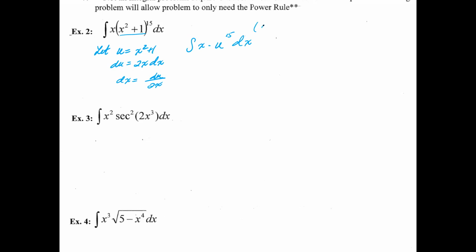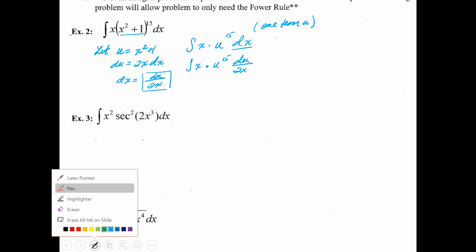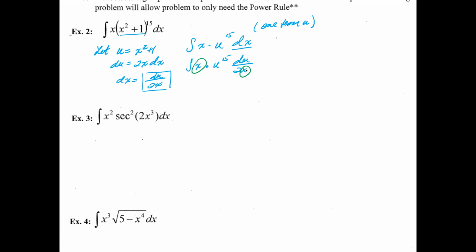Now I need to have one term, which is going to be u. So I'm going to replace the dx with du over 2x. Which is great because this x and the denominator x cancel. My 1/2 goes on the outside of this.